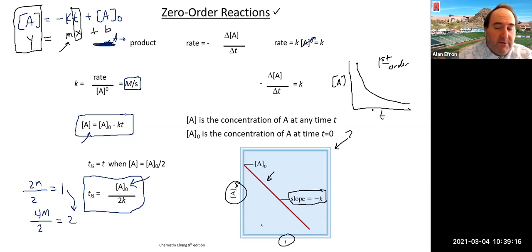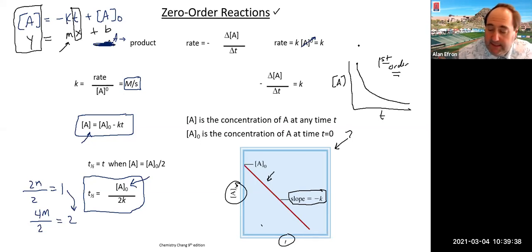If you do concentration versus time and you get this decreasing graph, not a linear relationship, you're probably dealing with something that is first order. So again, these are two similar graphs, but they are showing you something different when you look at them. Any questions on that there?